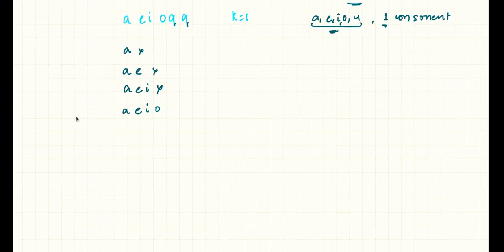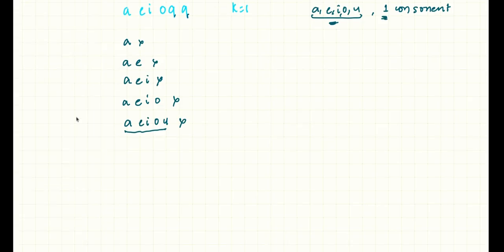Does it contain all the vowels? No. Next is aeiou. It contains all the vowels but not the consonant, so this is also not valid. The next substring is aeiouq. It contains all the vowels and a consonant, so it's a valid substring.